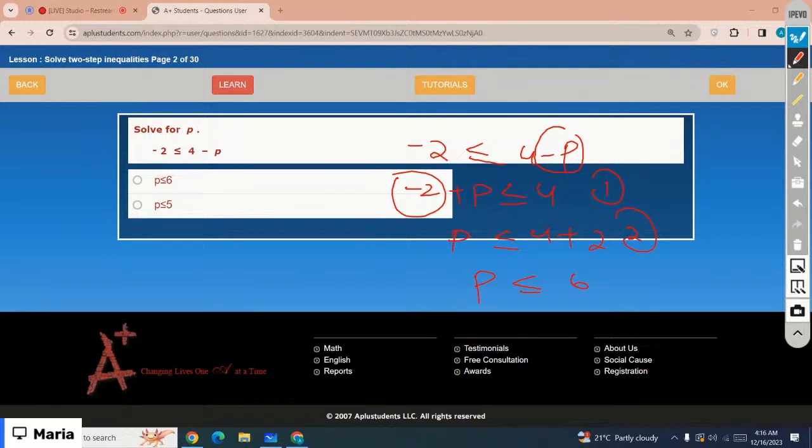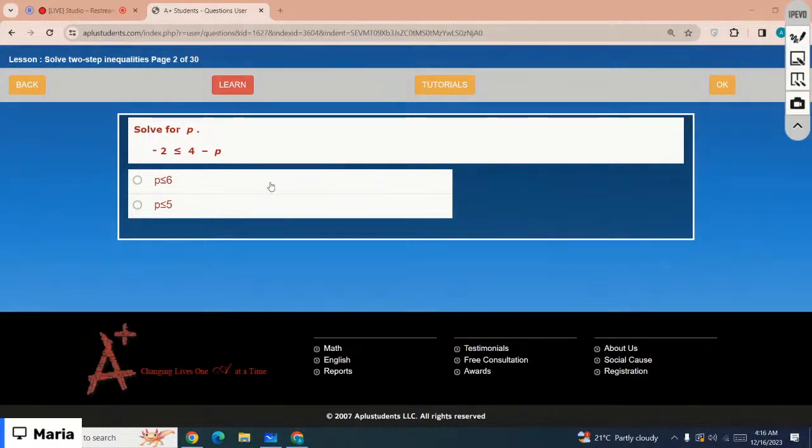So p is less than or equal to 6 is the correct option. Yes, that is option number 1. Very good.